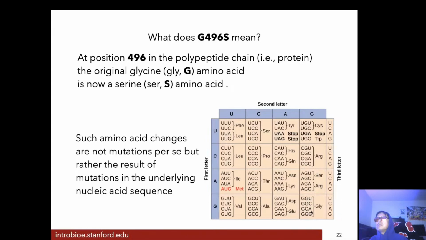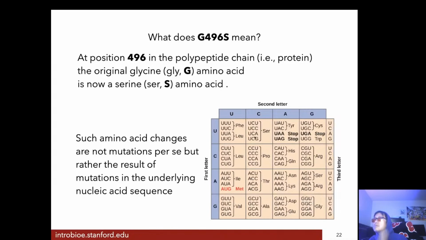And if we have a mutation that's resulting in a serine, we can see that there are 4 options for serine over here, UCU and so on, but also 2 more options for serine over here, AGU and AGC. So if I had a random error in an RNA copying process that caused a glycine on a protein to become a serine, I've got to be moving from one of these 4.